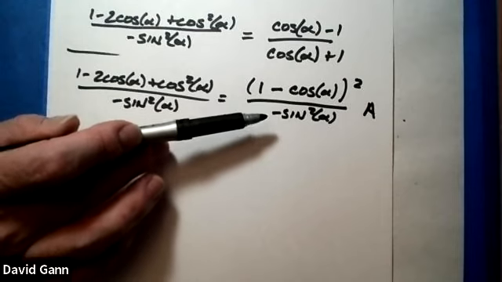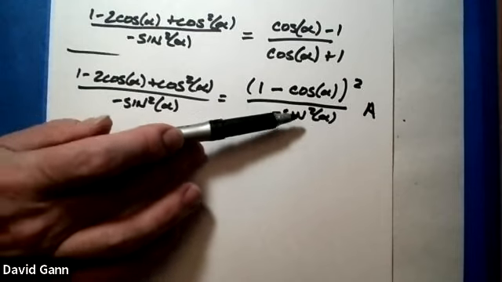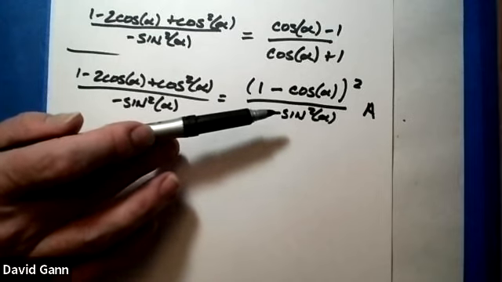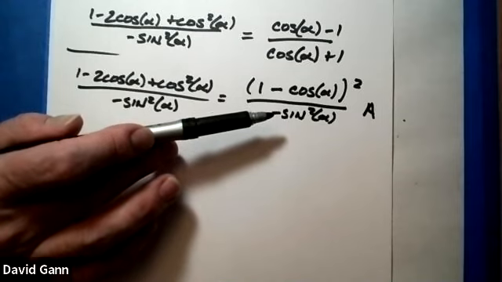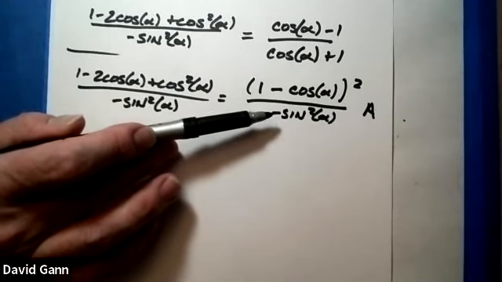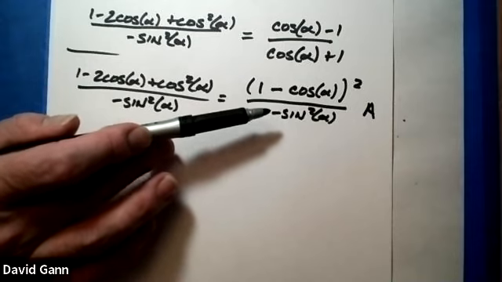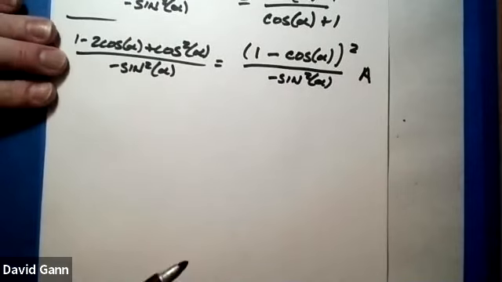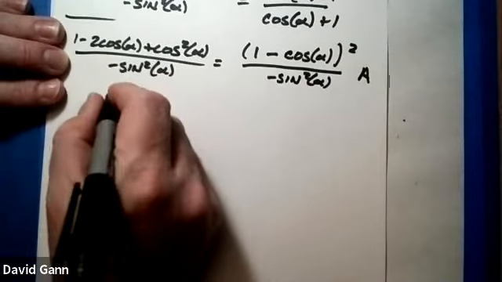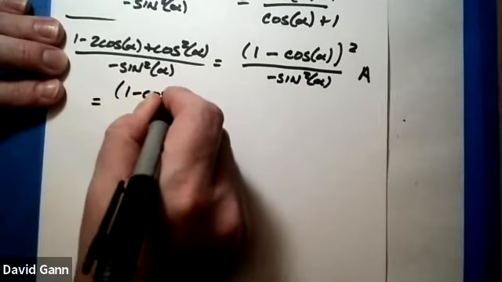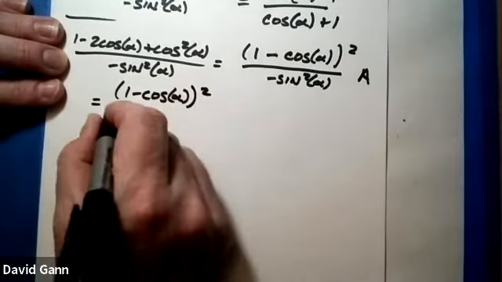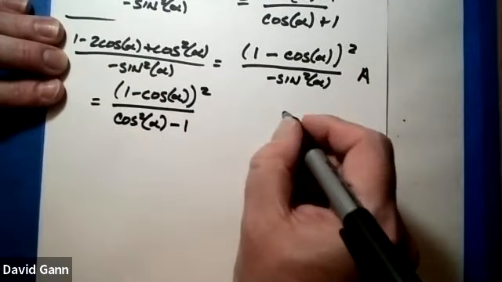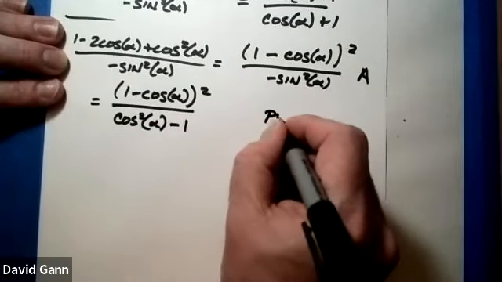Whenever you have a trig function squared, be looking for a way to apply a Pythagorean identity. And it just so happens that minus sine squared is going to be cosine squared minus 1. You can work that out for yourself, but that's the reality. So this expression now becomes 1 minus cosine of alpha quantity squared divided by cosine squared of alpha minus 1. And that is a Pythagorean identity.